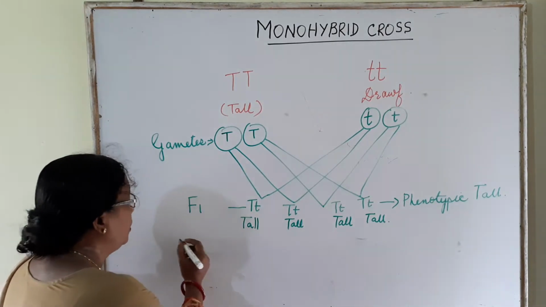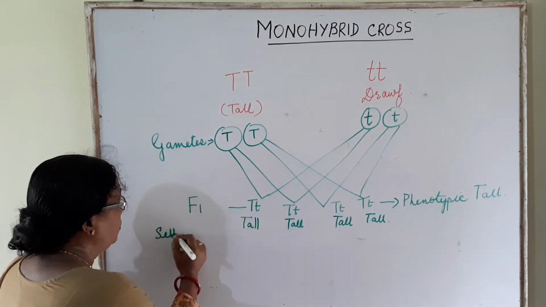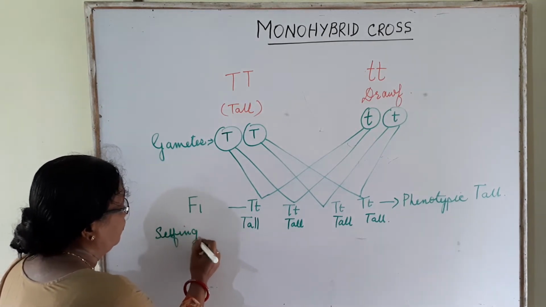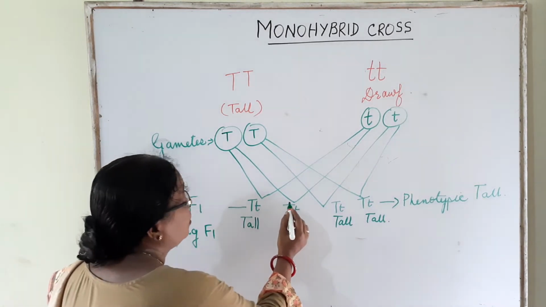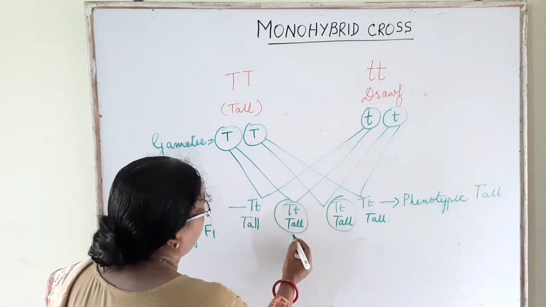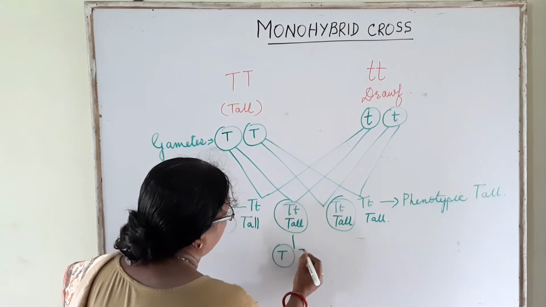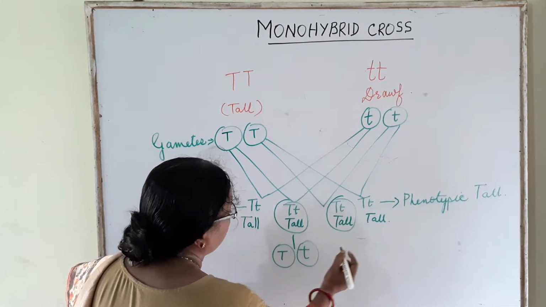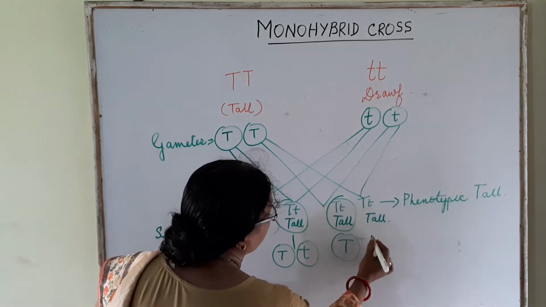Then Mendel did selfing of the F1 generation. We can take two characters and find out the gametes here. Capital T and small t. Here also capital T and small t.